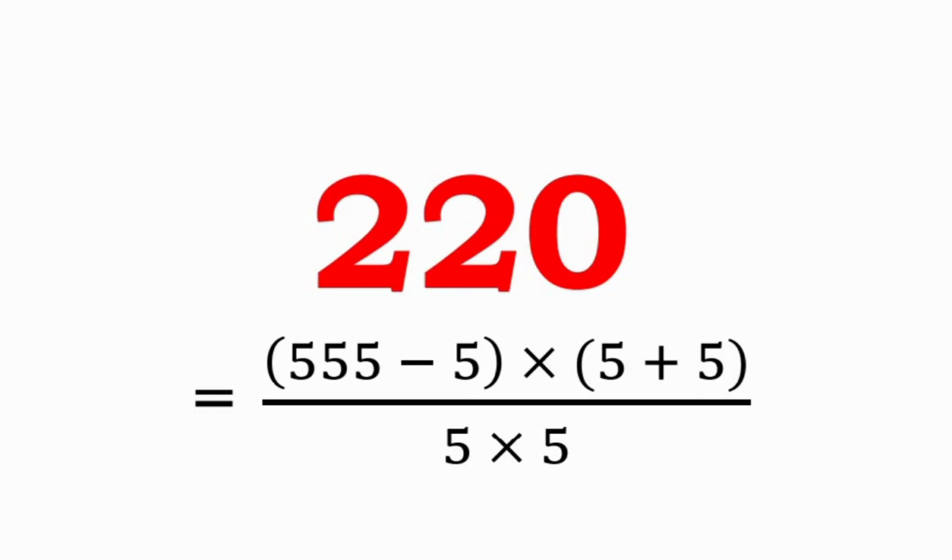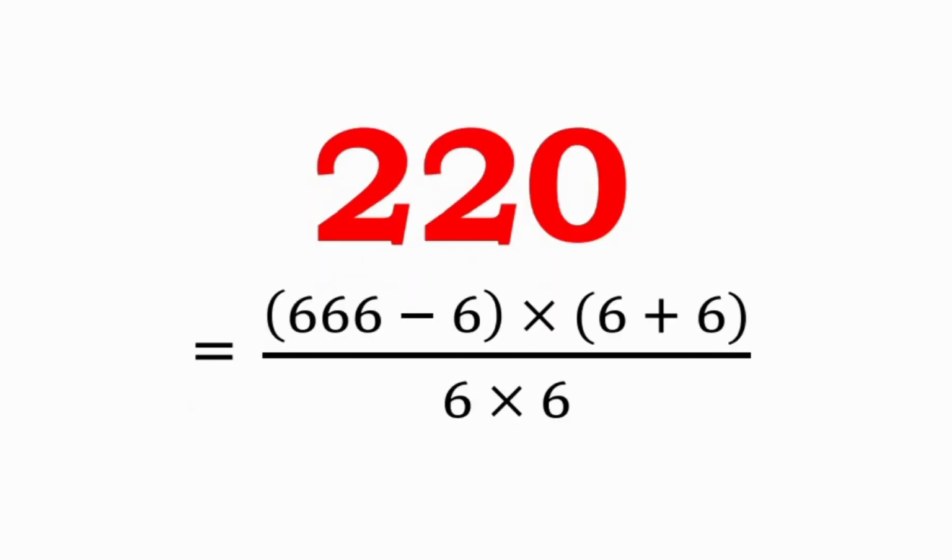This is the single digit representation of 220 using the digit 5. Then (666 minus 6) into (6 plus 6) whole divided by 6 into 6. This is the single digit representation of 220 where we can see the appearance of the digit 6 only.